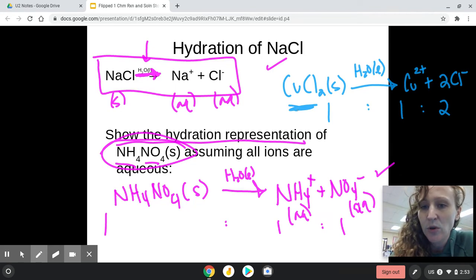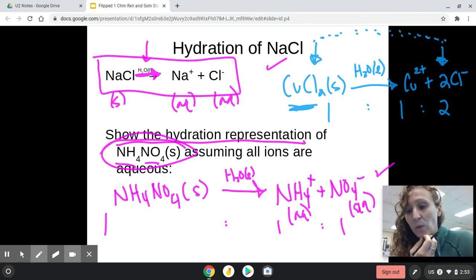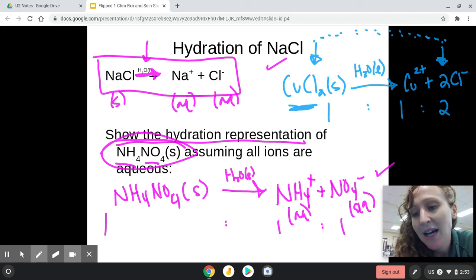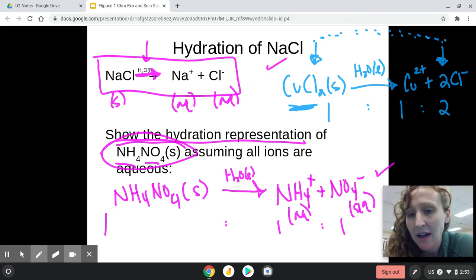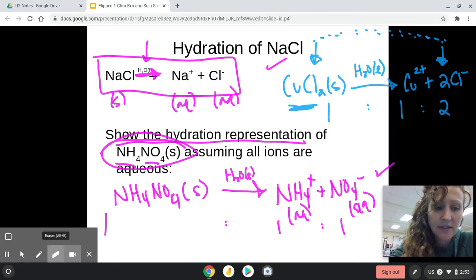If there's more than one in your salt, it's going to turn into a coefficient and not be stuck as a subscript when you pull the crystal apart. There are 2 chloride ions inside that compound. That is not diatomic chlorine in that compound, right? So make sure you can specify that difference.